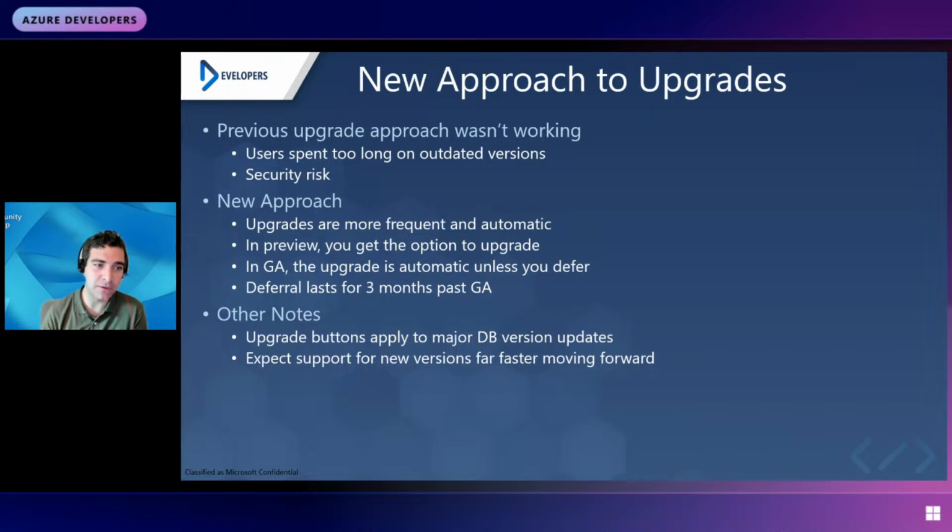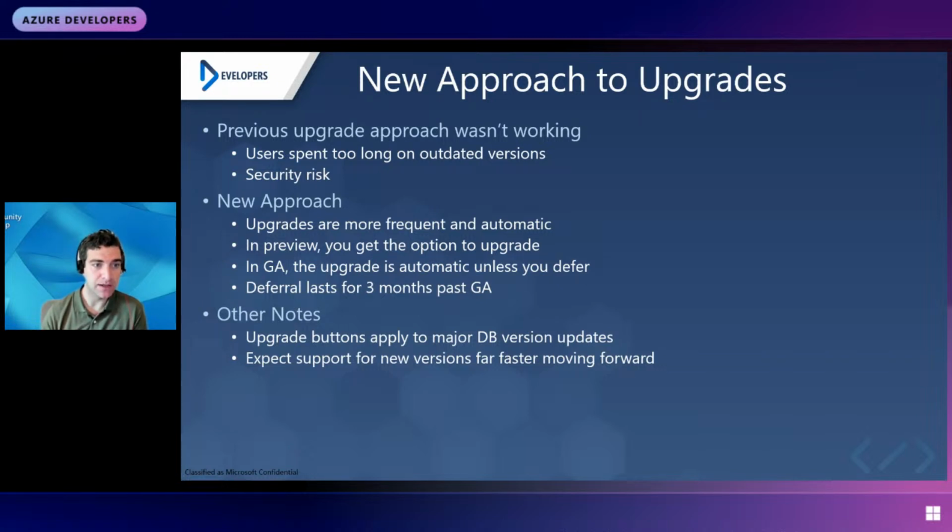So it can be a risk, both the security and stability, to run on older versions. And so with the enterprise tier moving forward, our plan is to make upgrades both much more frequent and also more automatic.